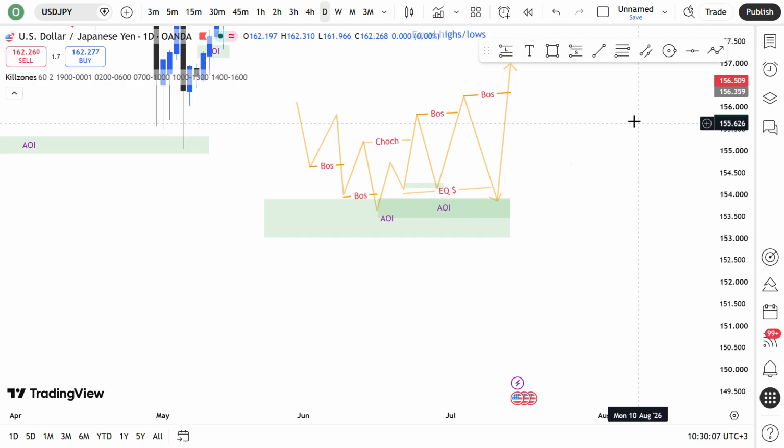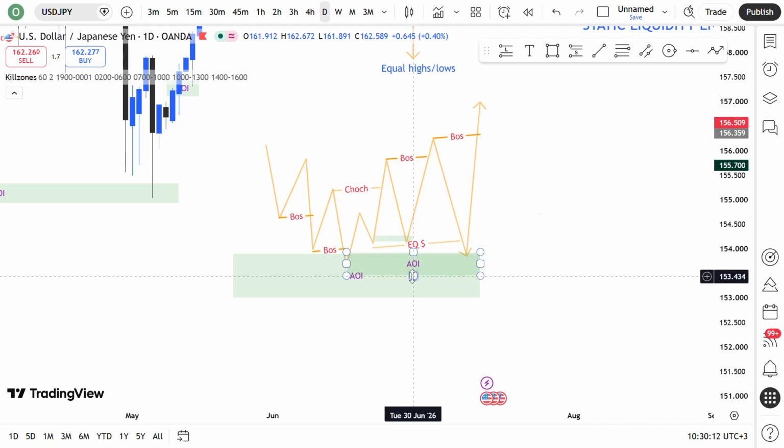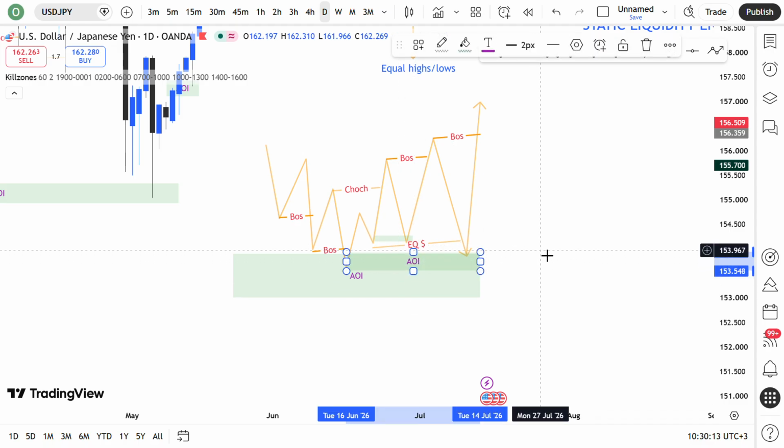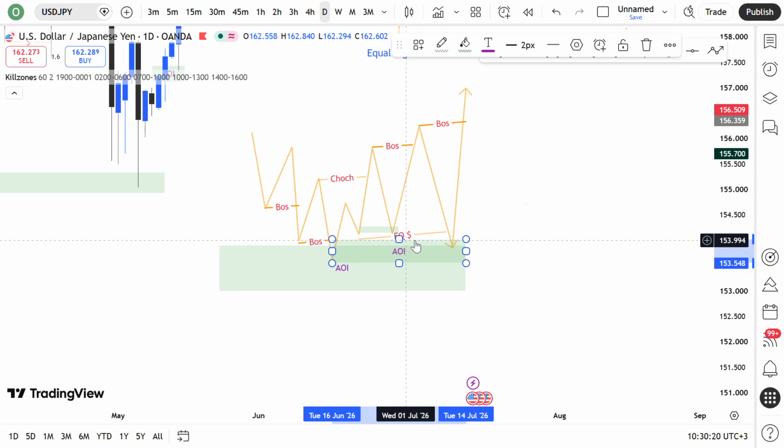So I urge all new traders to be very patient and wait for the order blocks that are in a discount area when it comes to finding entries.